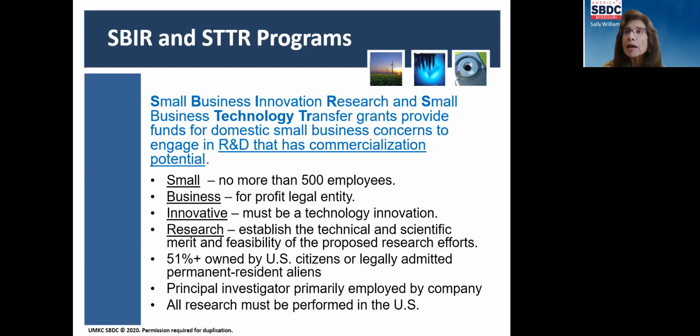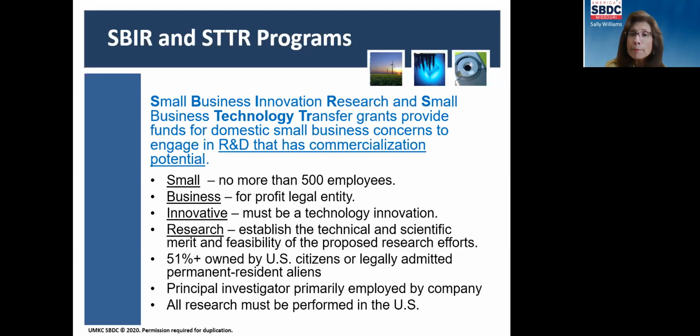But think of it this way. If you already have some funding for your business, then use that on those other needs and use SBIR funding for your research. It must be 51% owned by US citizens or legally admitted permanent resident aliens. So that means green card, if you have a green card.